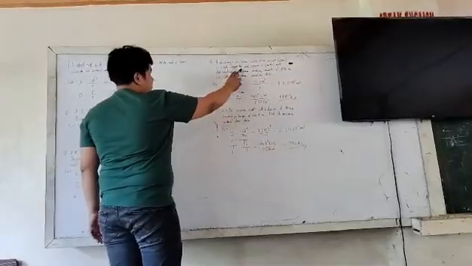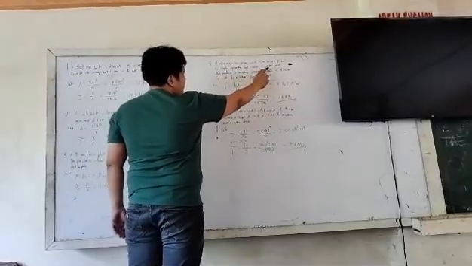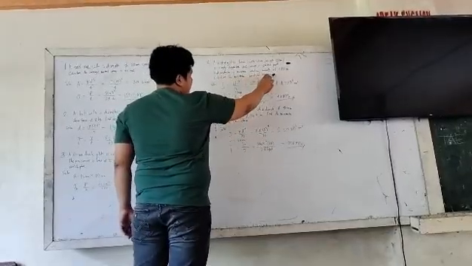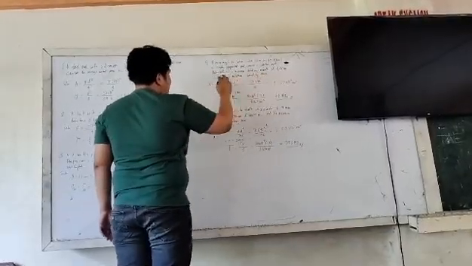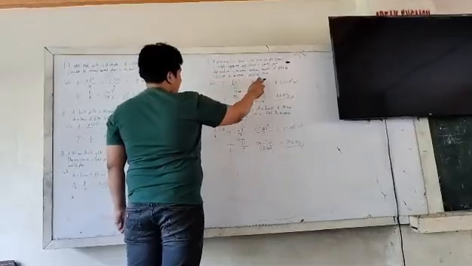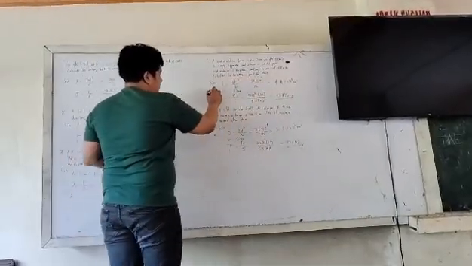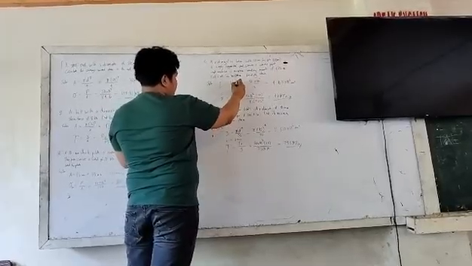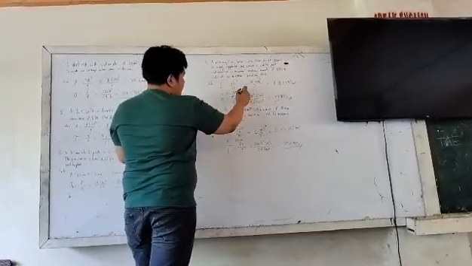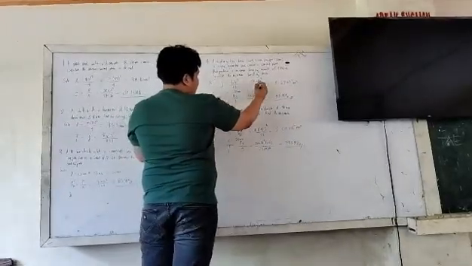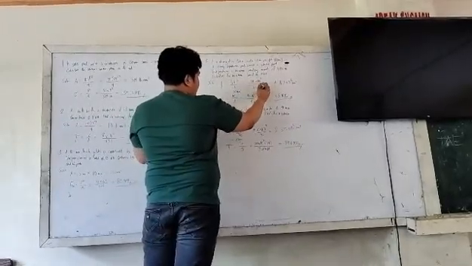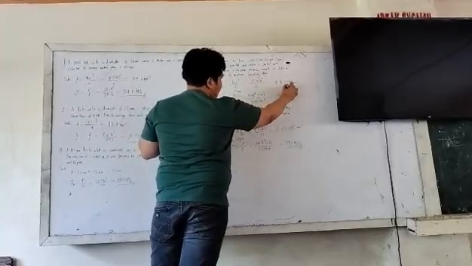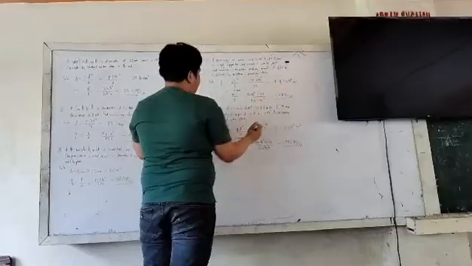So fourth, we have a rectangular beam with width 50 mm and height 100 mm. It is simply supported and carries a central point load that produces a maximum bending moment of 40 kN per meter. Calculate the maximum bending stress. So we have the moment of inertia, b h cubed over 12, 50 times 100 cubed over 12 is equal to 4.167 times 10 to the 6 millimeter to the fourth.